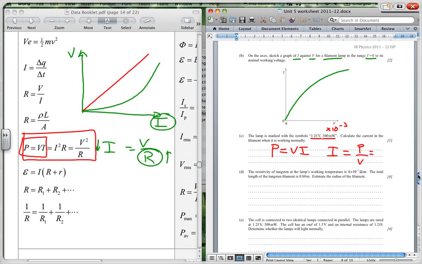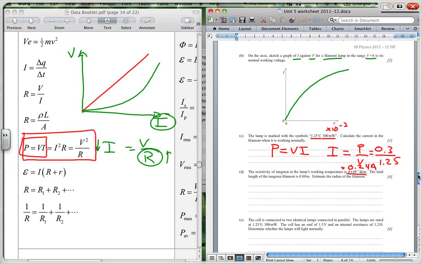So I'm going to get 300 milliwatts, which is 0.3 watts, divided by 1.25. I'll do that on my calculator. We get 0.3 divided by 1.25, and I get 0.24 amps.